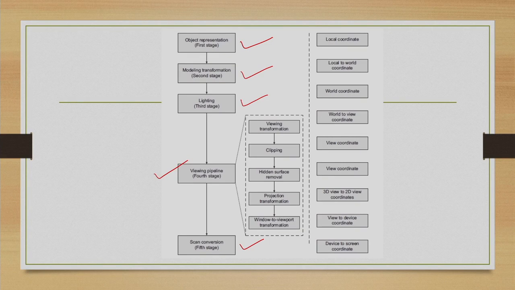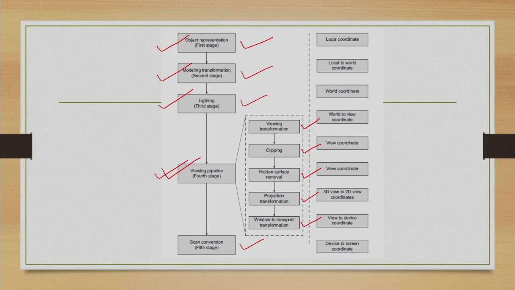Now, among these stages we have already discussed the first, second, and third stages, and currently we are discussing the fourth stage, that is viewing pipeline. As you can see, in the viewing pipeline there are sub stages: viewing transformation, clipping, hidden surface removal, projection transformation, and window to viewport transformation.